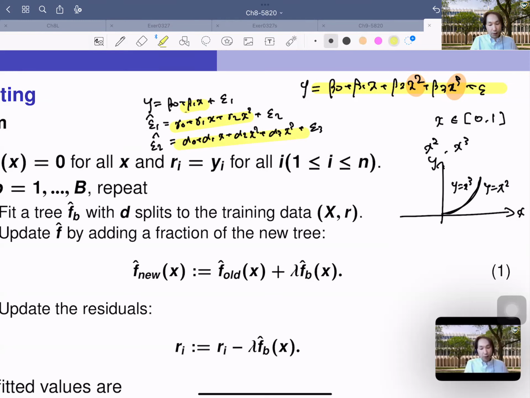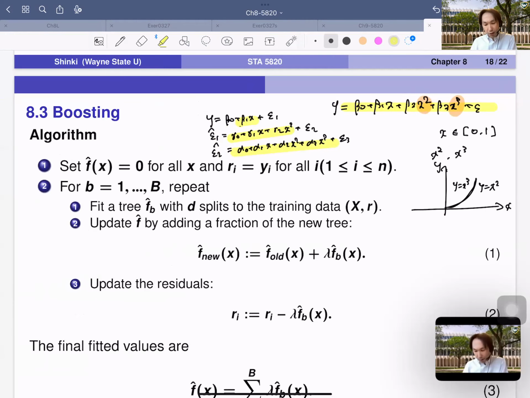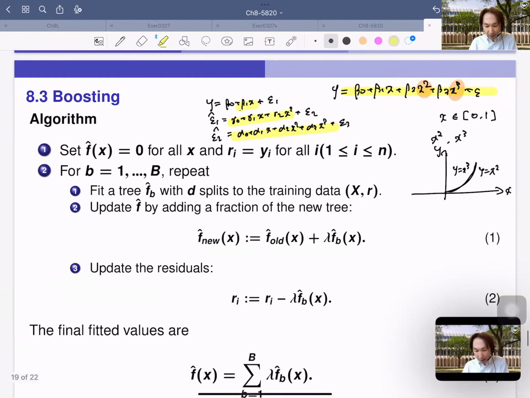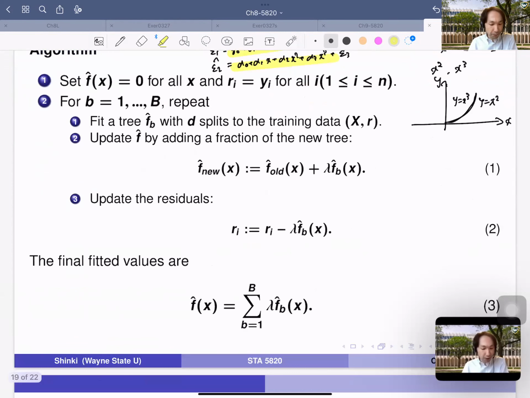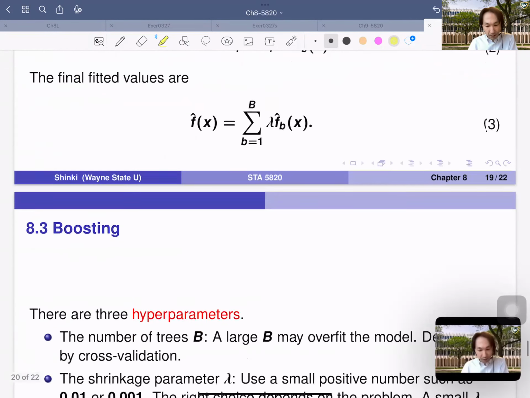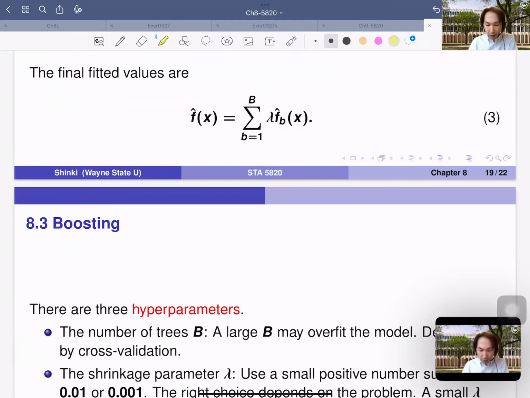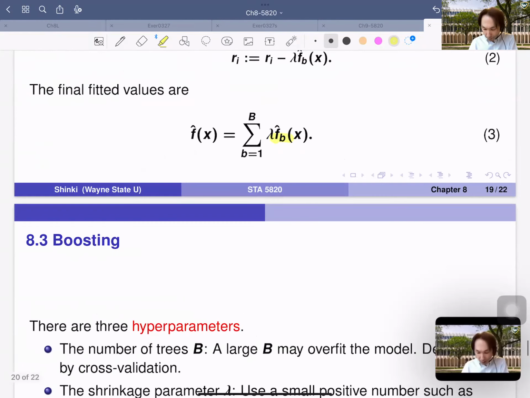So the 3 yellow components are all orthogonal. Basically, if we do the regression sequentially, these components are more independent. In boosting, they're not entirely independent, but at least we are doing different things. So that is a good thing to do, because we have more diversity among these estimated f hat b.